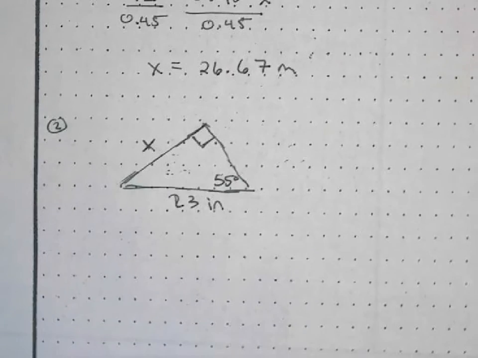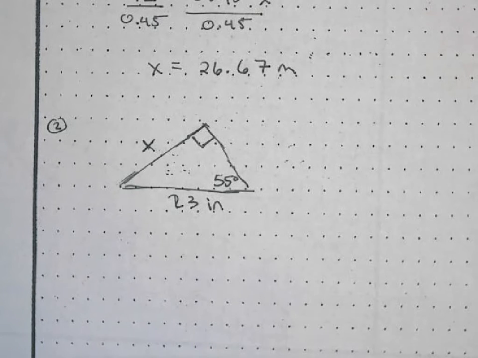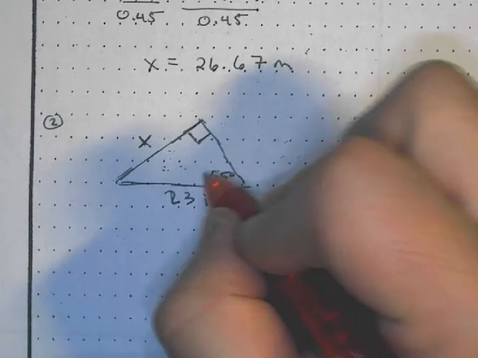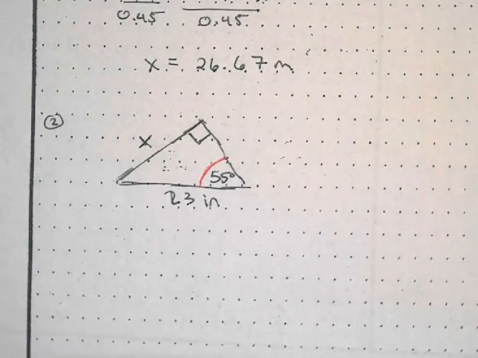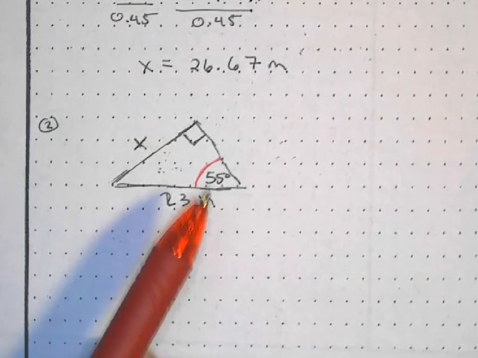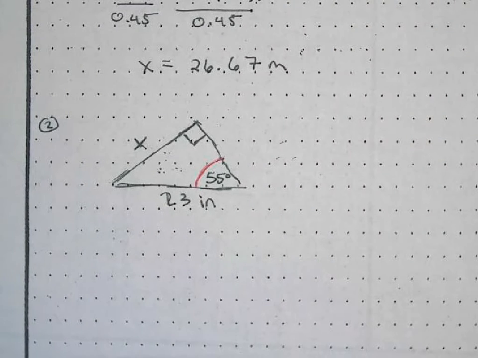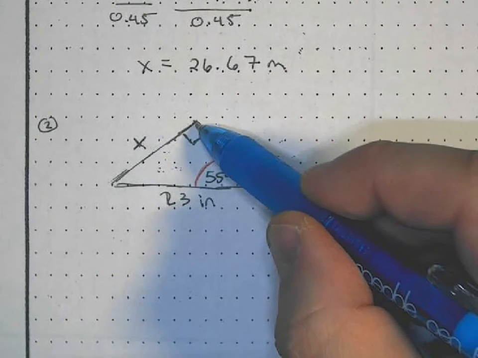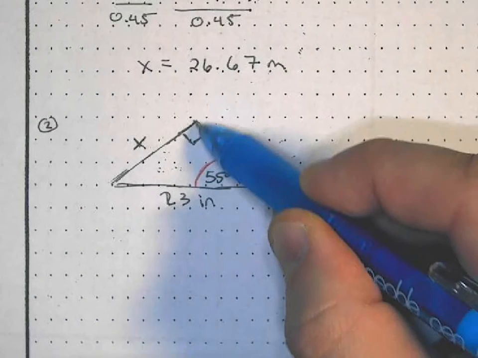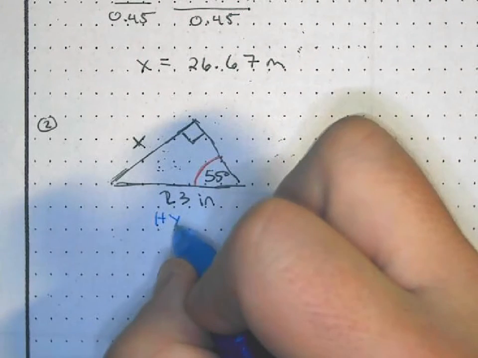Okay, so we want to label everything and have everything kind of identified. So 55 degrees, that's my focus angle. So that's what I'm going to be focusing on. And then let's start labeling everything. So across from my 90-degree angle, always across from that is our hypotenuse.